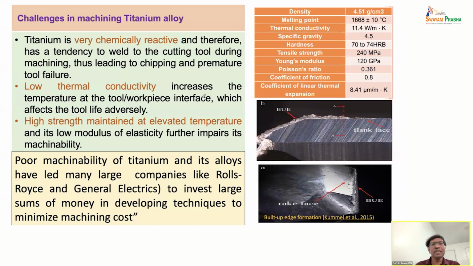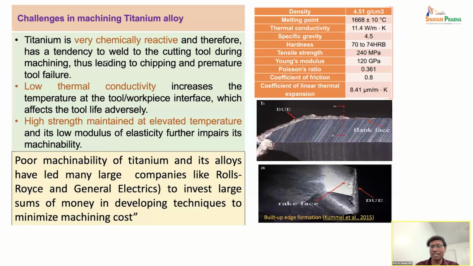So now we have titanium alloys or even nickel alloys, which fall into a category called difficult to machine materials. Why? Because their conductivity is very low. They are light and structurally very strong, that is good, but at the same time they are thermally less conductive.